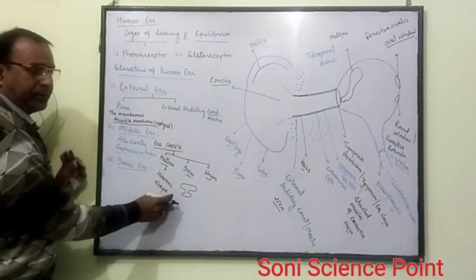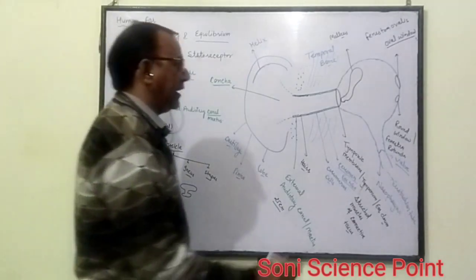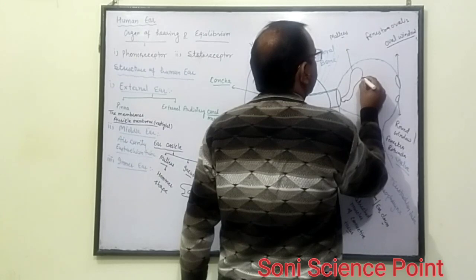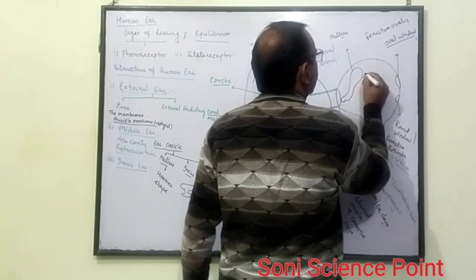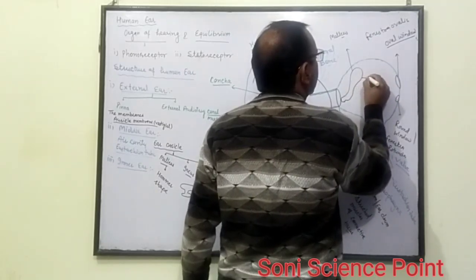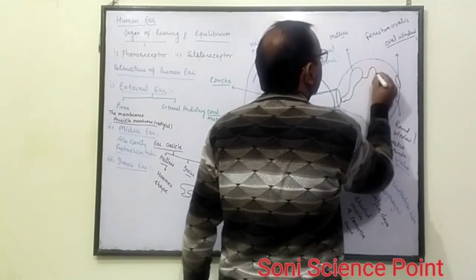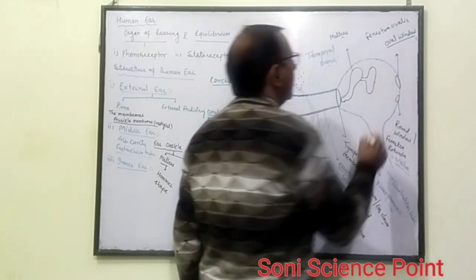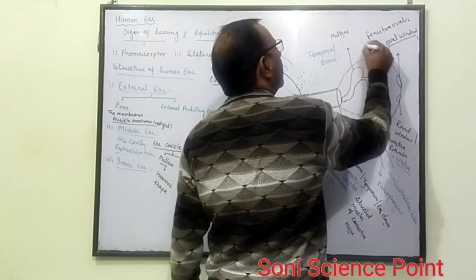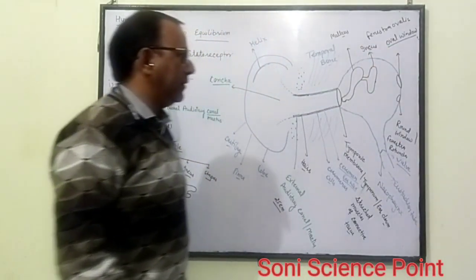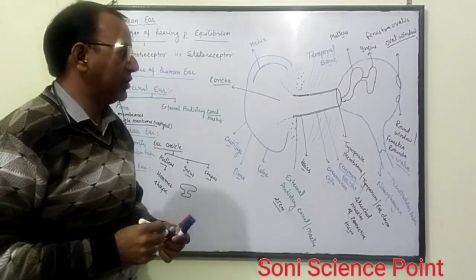This anvil shape is called incus, the second bone.